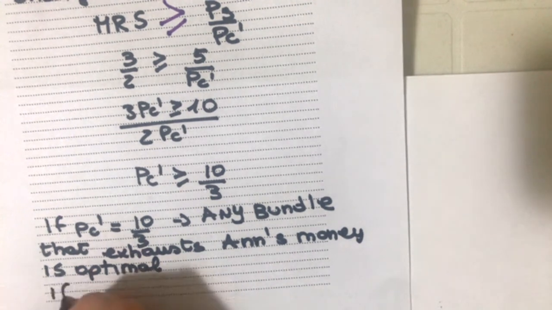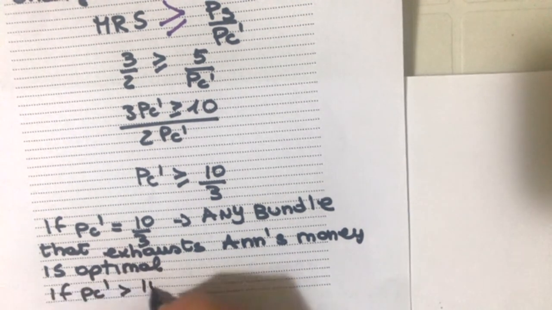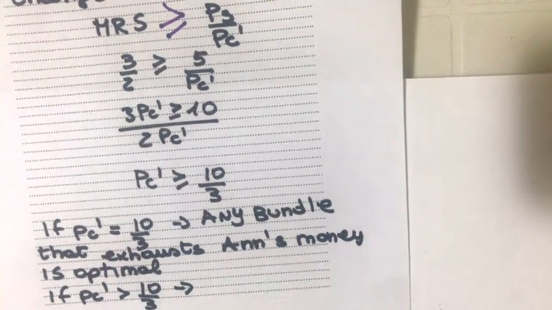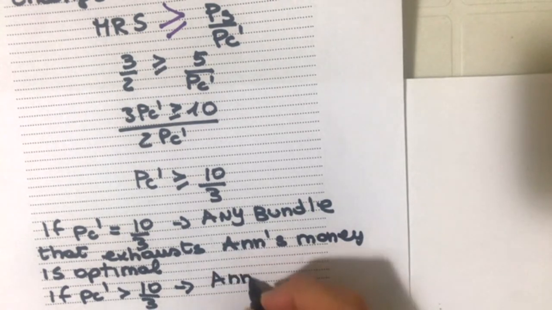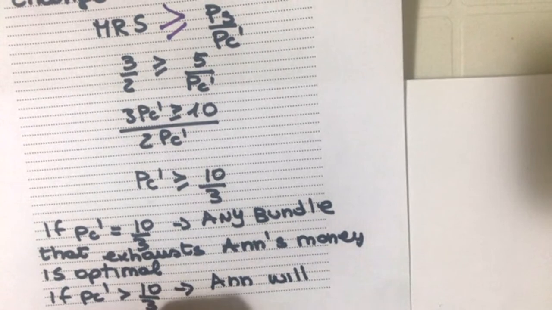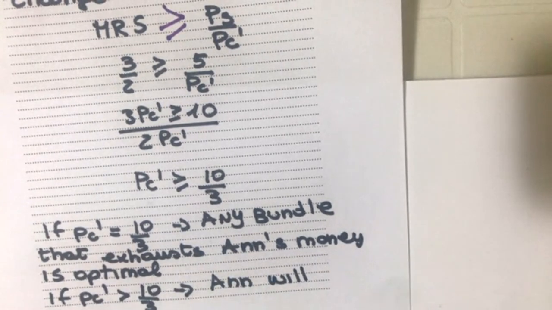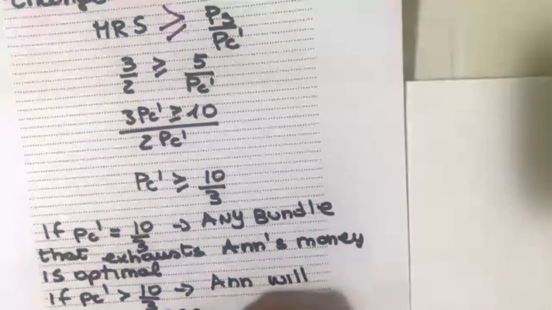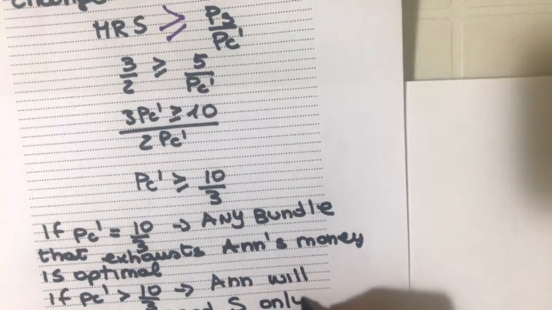If PC prime is higher than 10/3, then N will change her consumption, so she will consume good S only.